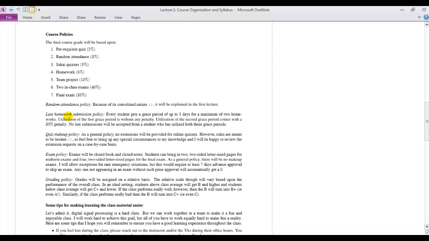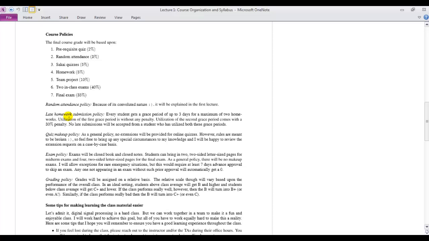Exam policy, again, this is a change from last year. I'm going from open book and open notes to closed book and closed notes. The reason is not that I somehow want to torture you by doing it closed book.